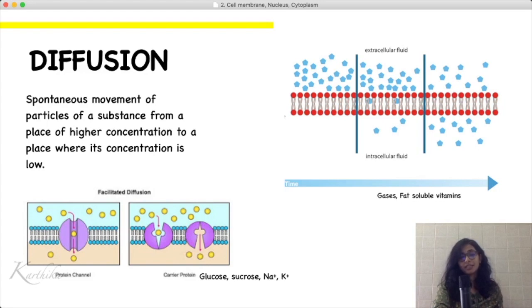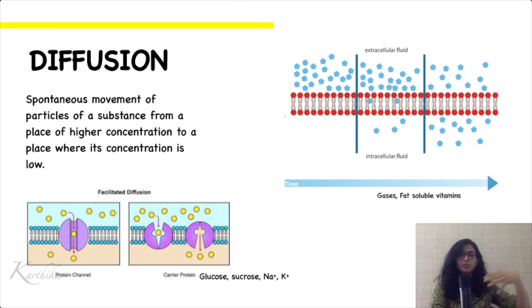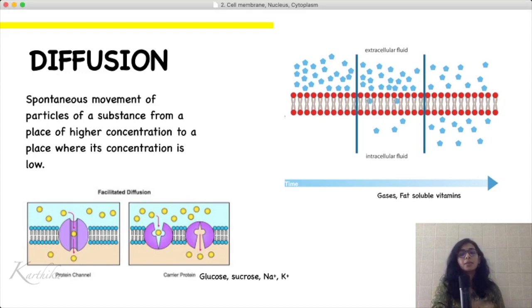If it is in higher concentration inside the cell and low outside, slowly some particles can move on their own to the outside where it is low, till an equilibrium is reached. This happens in the case of gases and fat-soluble vitamins where the particles are small.